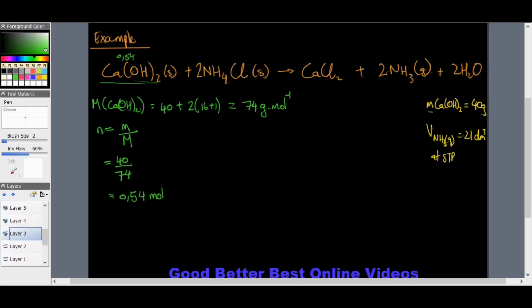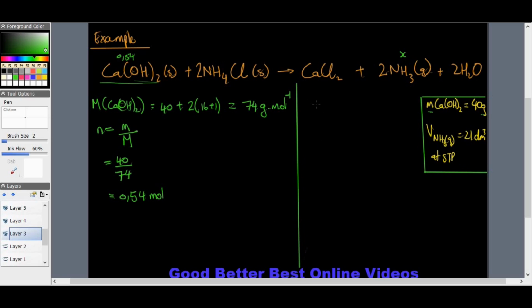Now what we need to do is calculate the number of moles of ammonia that was produced. Let's keep that as X. And let's just cordon this off here because I don't want this interfering in my actual solution. Let's drop a little line here as well.